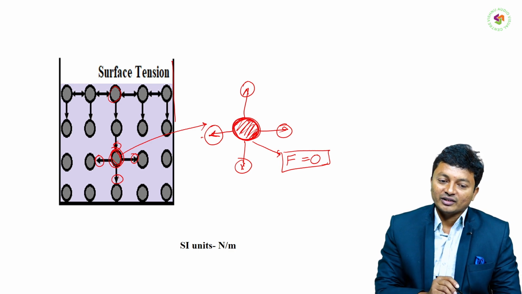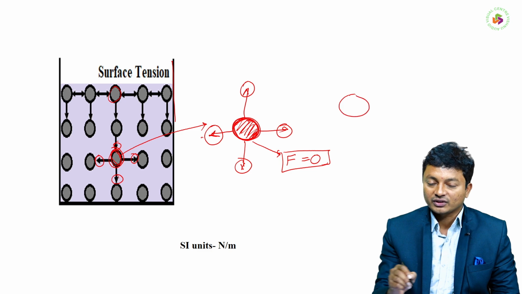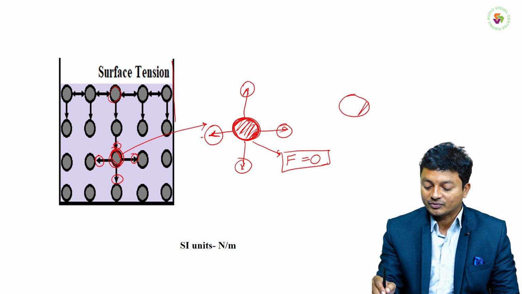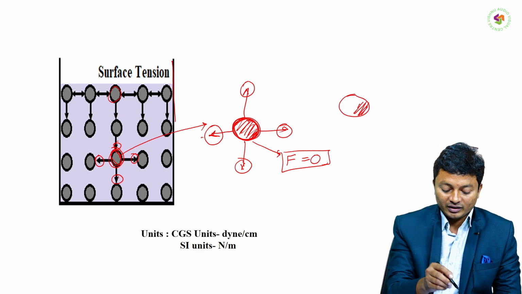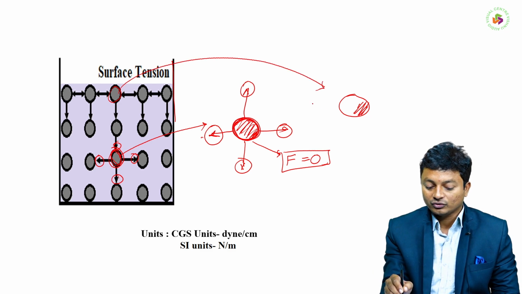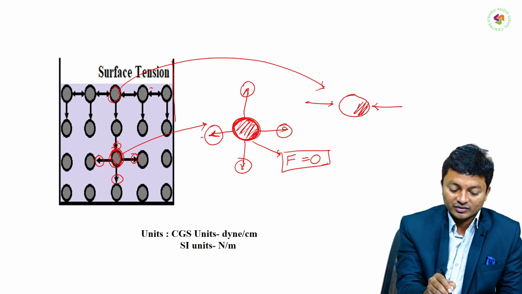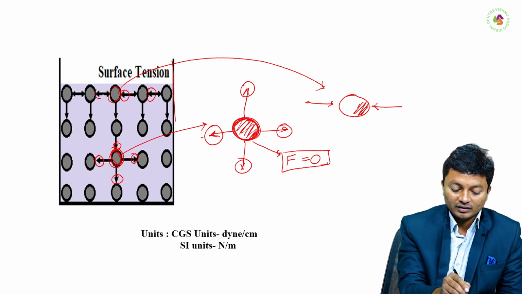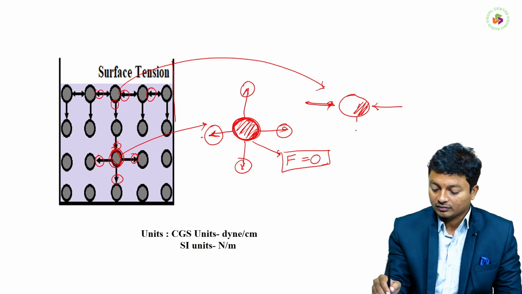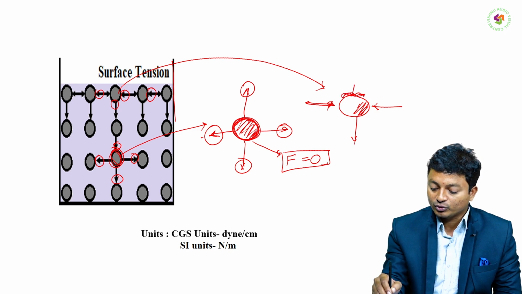As per the definition we discussed, surface tension is the force which acts on the surface of any substance. If we take the molecule here, the forces will act sideways and downward, but the upper portion is directly exposed to air.